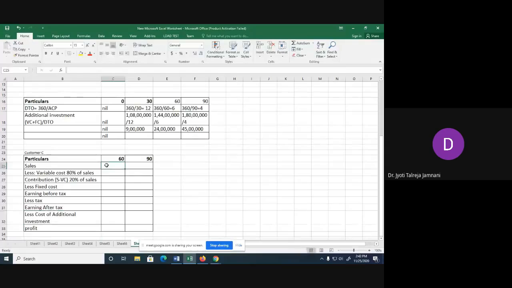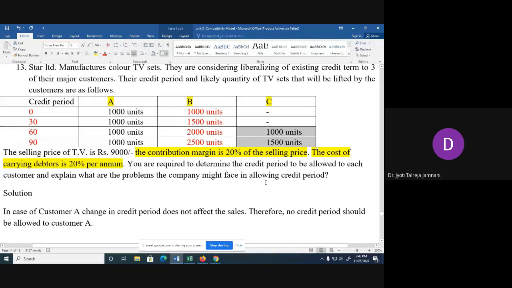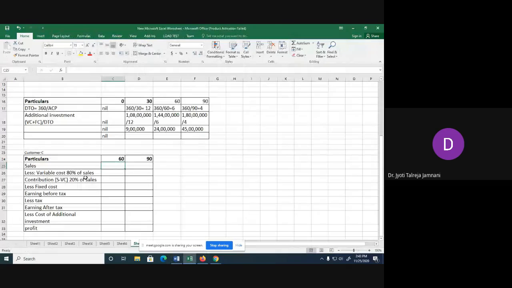Okay, so let's start. For 60 and 90 days, we'll see what are his sales. For 60 days, he's selling 1000 units. So 1000 units into 9000 per TV is the price. So 1000 into 9000, we got it as 90 lakhs. So for 60 days, the sales is 90 lakhs.